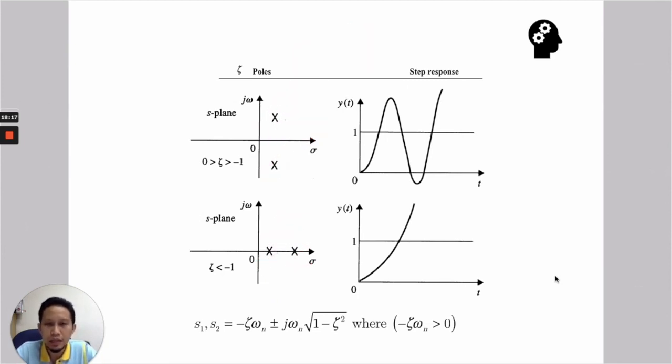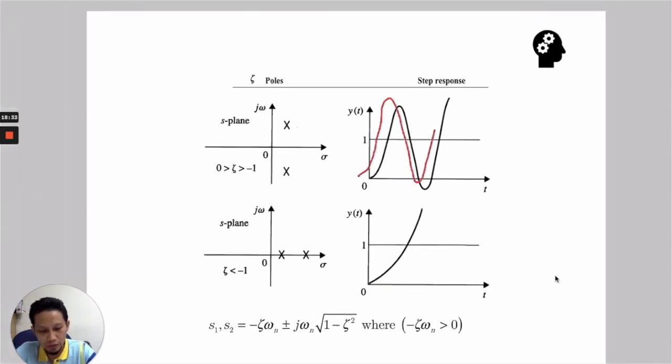So in this case, the location of poles is on the right hand side. It has both a real axis and an imaginary axis component, so it will have oscillations. But for this case, the oscillations increase over time. It does not decrease to 0, so this is not desirable in engineering design.